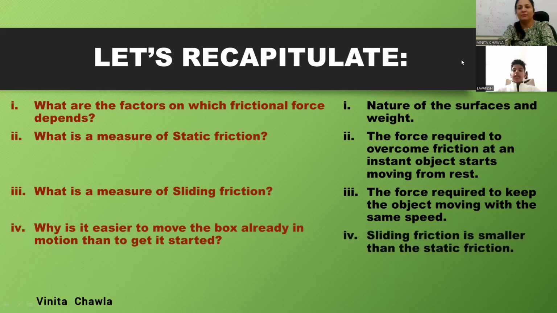Sliding friction is smaller. When the box is at rest, it is difficult to move because the irregularities are completely interlocked. But when the box is already moving, it has less time for interlocking.